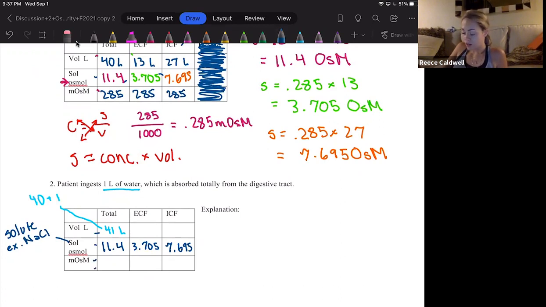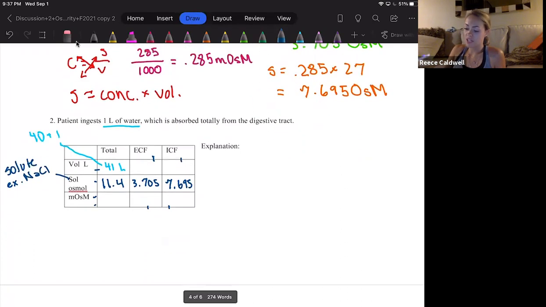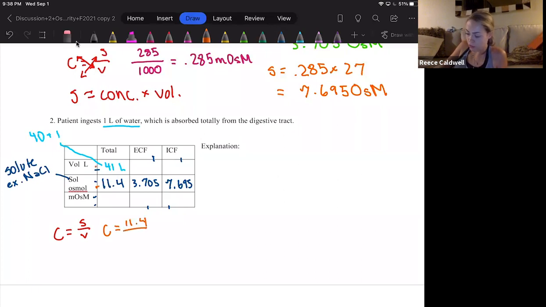Once we solve for this, our body's in equilibrium, so we can carry it across. We'll then have two more variables to solve for our last blanks. So let's hop into it. Here we're solving for concentration, so we don't need to manipulate our equation. That's C equals S over V, solute over volume. We can simply plug in what we've got: concentration equals solute 11.4 divided by volume 41.